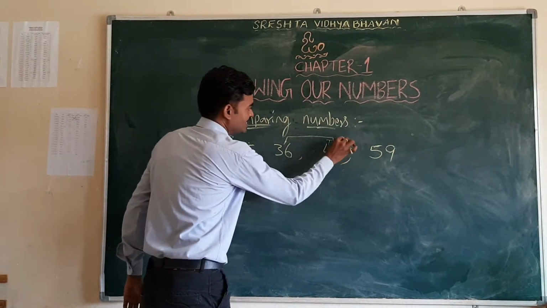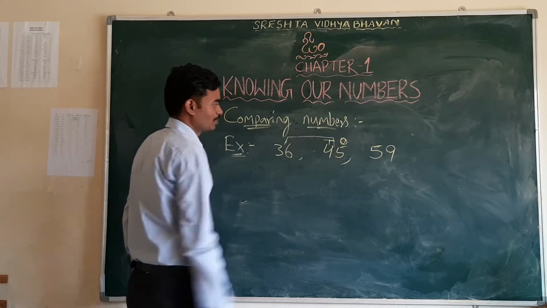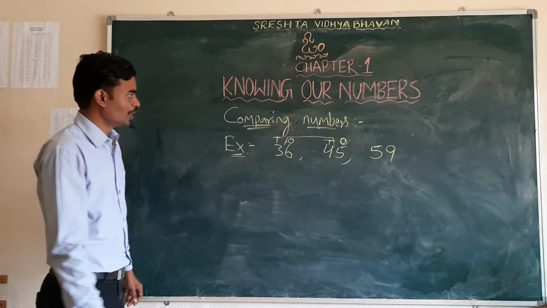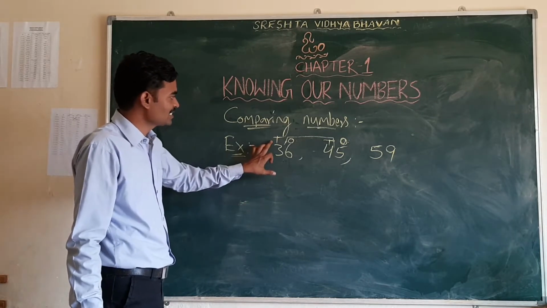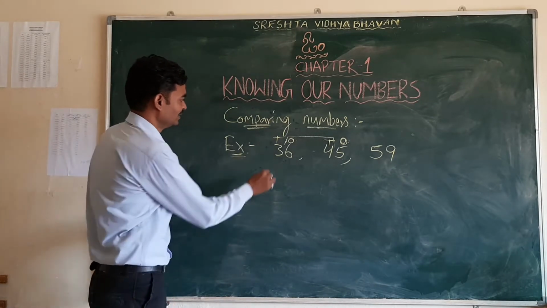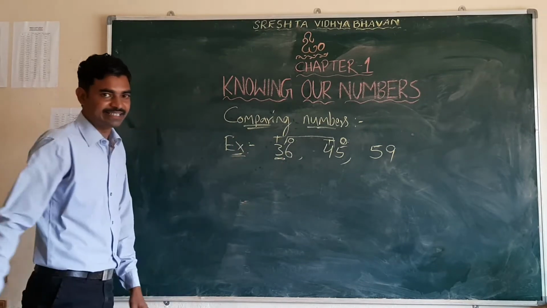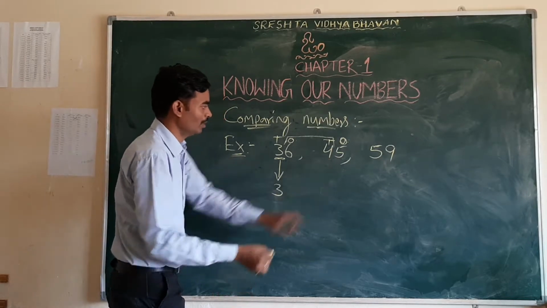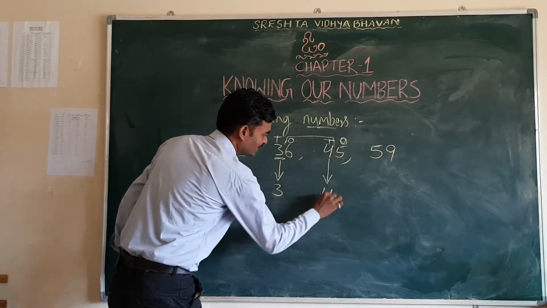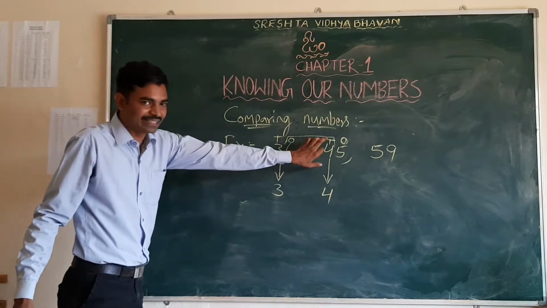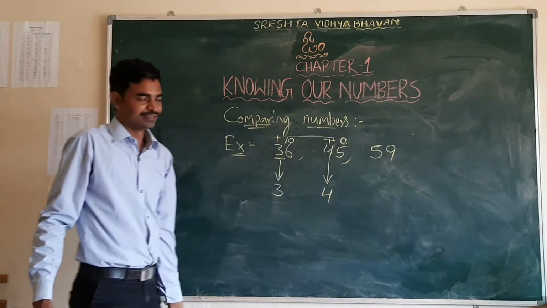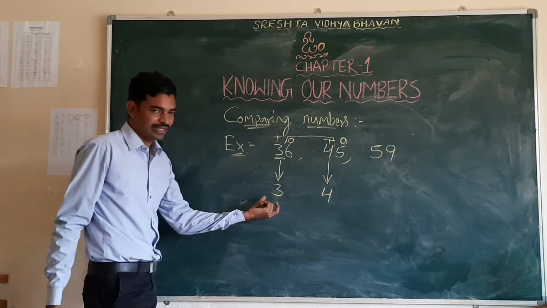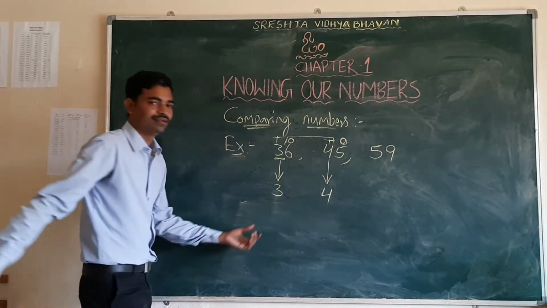In each number there is a ones place and a tens place. Now we compare the digits in the tens place. 3 is the digit in the tens place of the first number, and 4 is the digit in the tens place of the next number. Which one is the greatest?